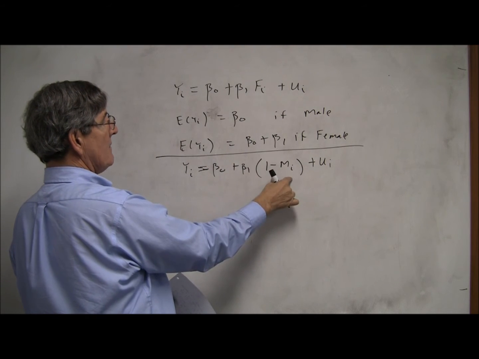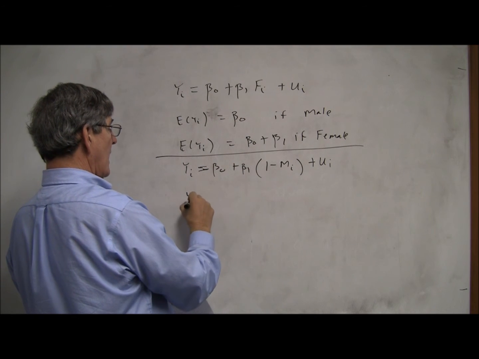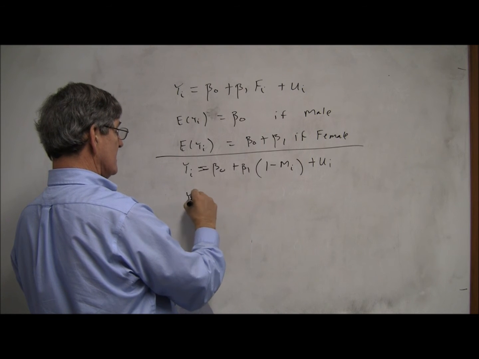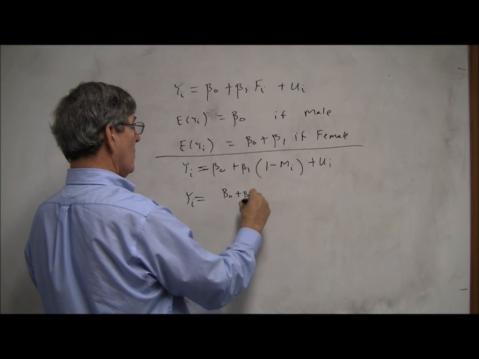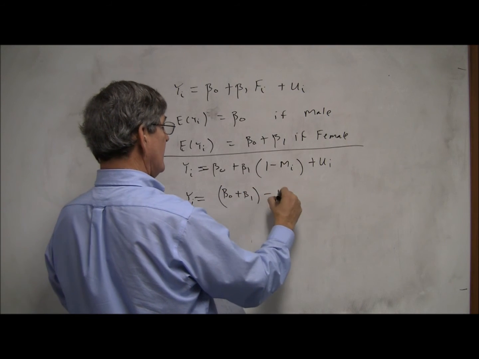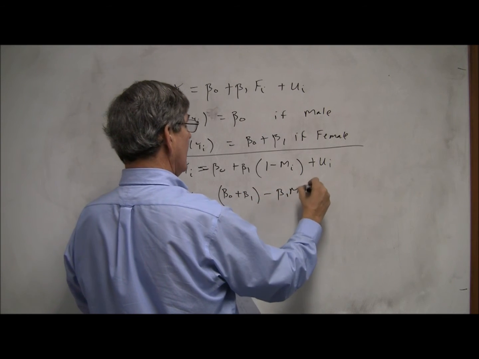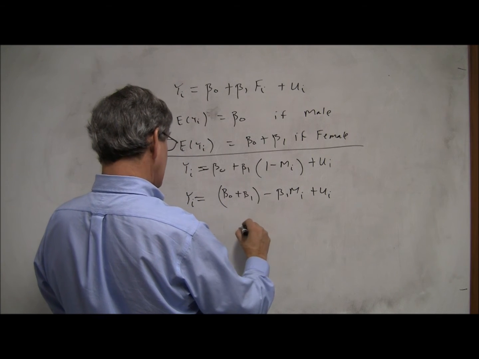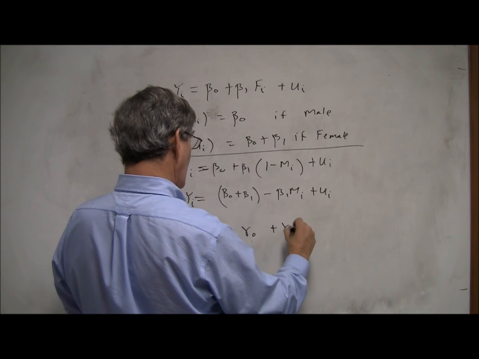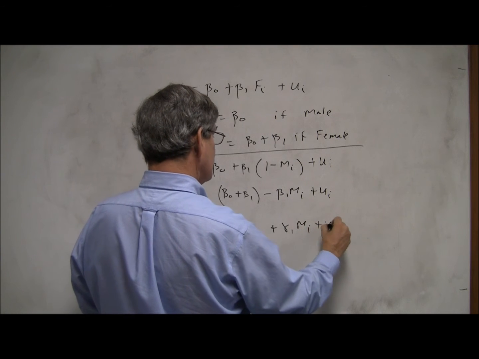Fi is 1 minus mi. So yi equals beta 0 plus beta 1 minus beta 1 mi plus ui. So let me call this yi equals, say, gamma naught plus gamma 1 mi plus ui.